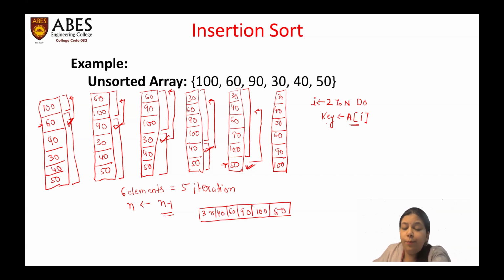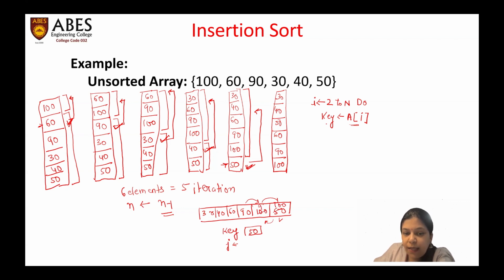So basically, to place this 50 at its appropriate position, we have taken a variable key and placed this value inside the key variable. Now we have taken another variable j and assigned j as the index just prior to the key element. So we can say that j is equal to i minus 1. What I'm doing is constantly copying this value in the next block. So this will become 100.